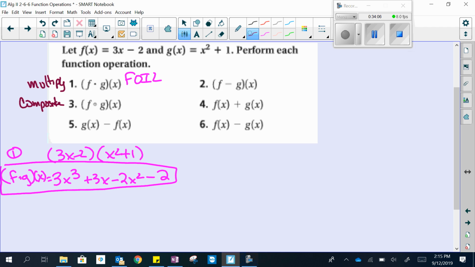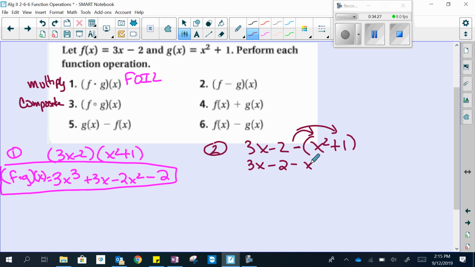All right, number 2, f minus g. F is 3x minus 2, minus x squared plus 1. You could put a parenthesis around the first part, but you're not going to distribute the minus there. You're going to distribute the minus here. So you have 3x minus 2 minus x squared minus 1.